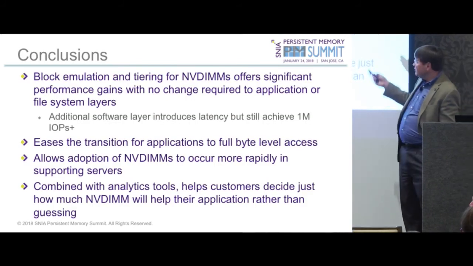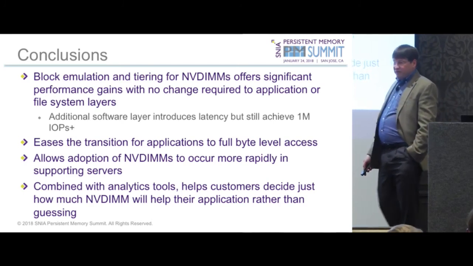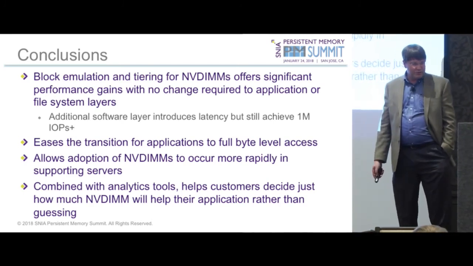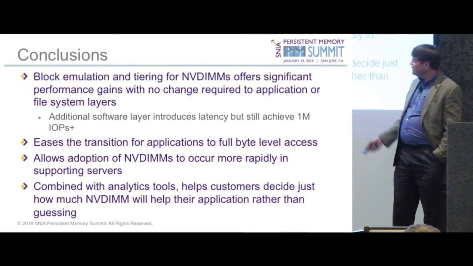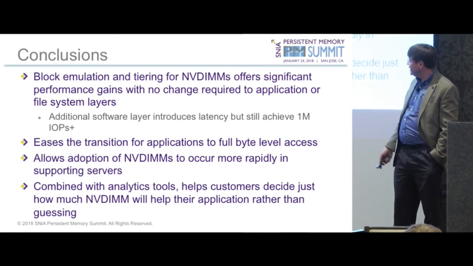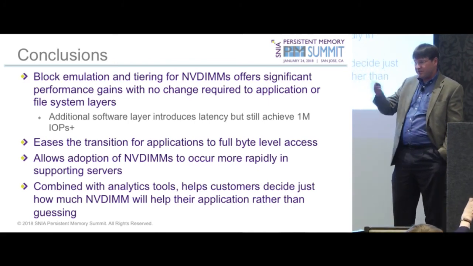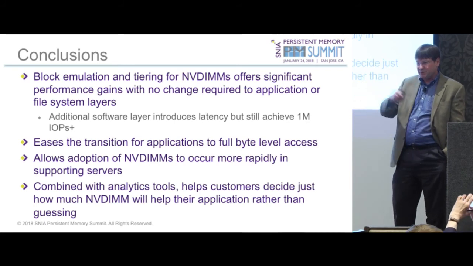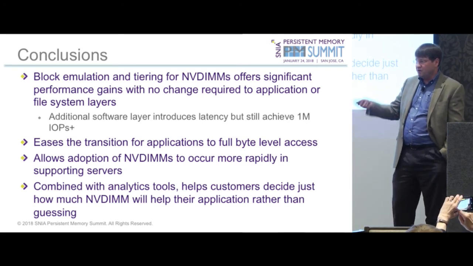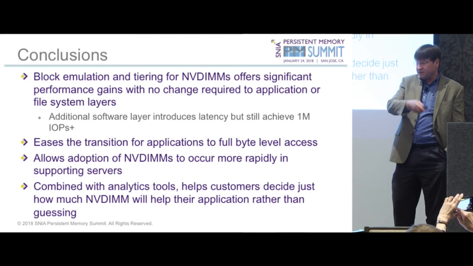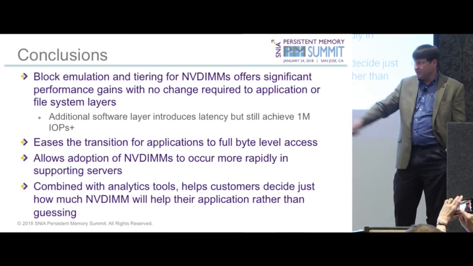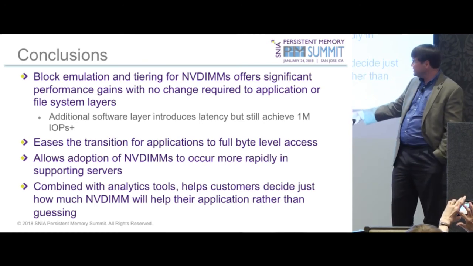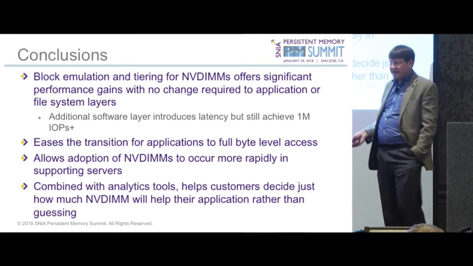So if you go ahead and say, not everything is byte addressable and we are okay with addressing some things in the world of block, then you've got the ability to use this today, and you can say, I can create that multi-tiered IOPS, I can create that volume which behaves very much like the top tier volume, even though it is with multiple tiers across the whole system. I can go ahead and do that today.